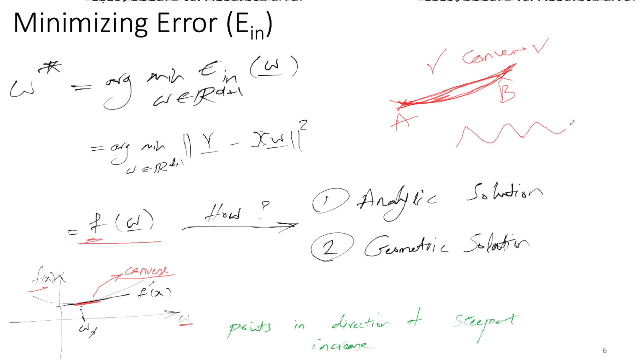Whereas if you had a function like this, you would pick two points, A and B, and draw a line, and it would be outside the function. So these shapes are convex, you can pick two points and they're inside. I'll have a more formalized description of that in a couple of slides.